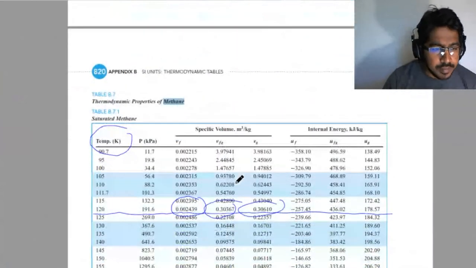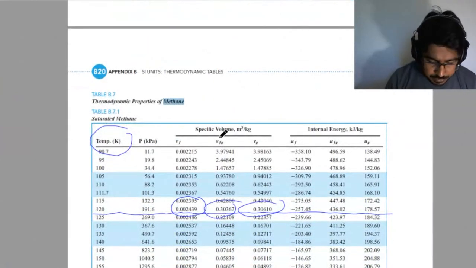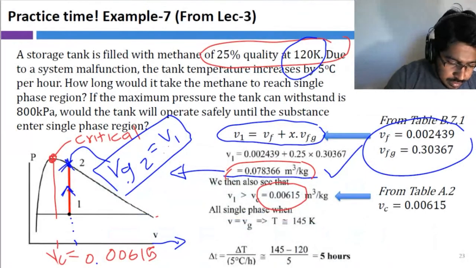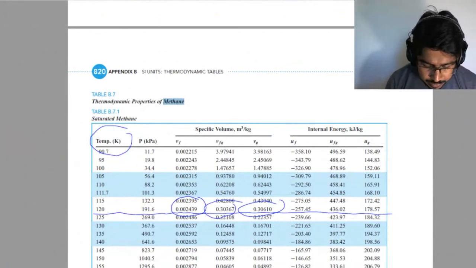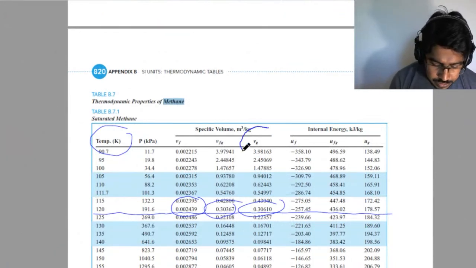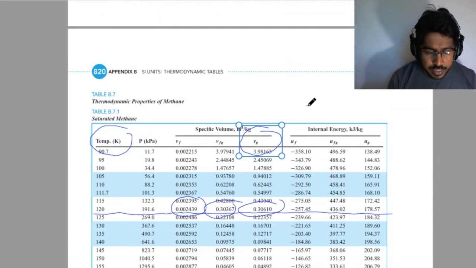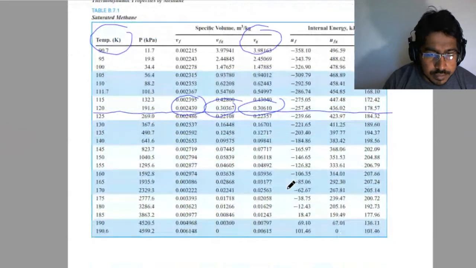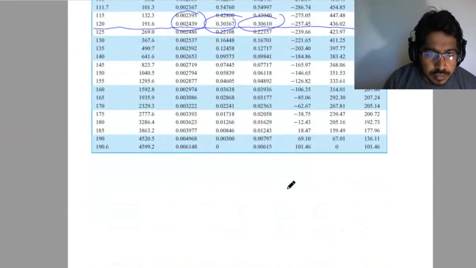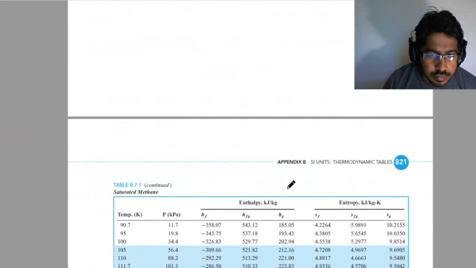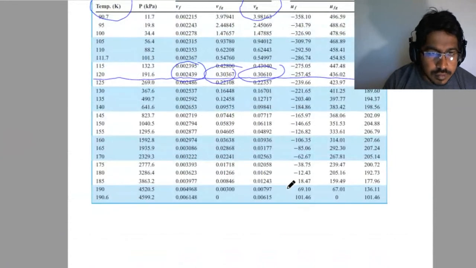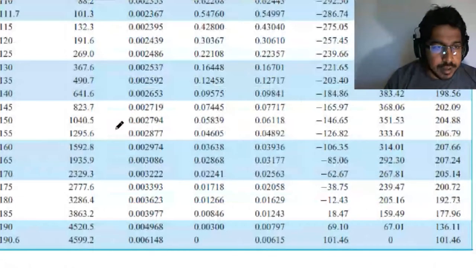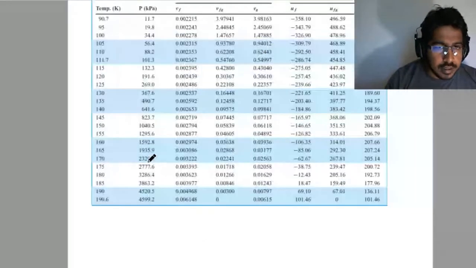So we are right here. And then we want to find our specific volume, which is 0.078. We look for 0.078 in which column? The VG column, because we are interested in what's happening on the saturated vapor line, right? Okay, let me zoom this in a little.